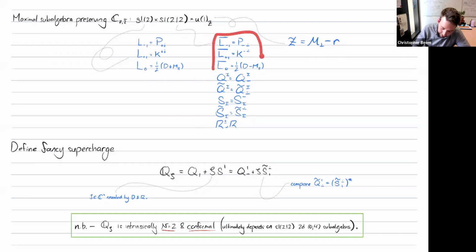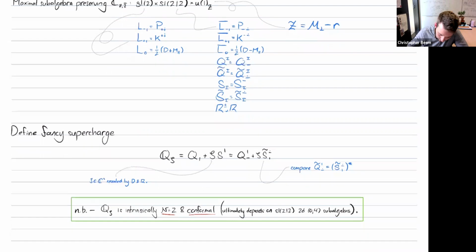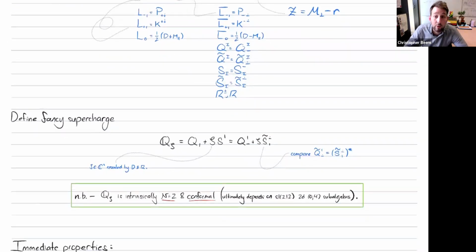We have a copy of the two-dimensional anti-holomorphic conformal algebra accessorized with some supercharges. So this is a subset of the supercharges in my full theory. We have all of the R symmetry, the SU2 R symmetry, and then we have a combination of rotations in the W W bar plane and U1R. Okay, so it's not necessarily the thing that you would immediately define, but you can define it.